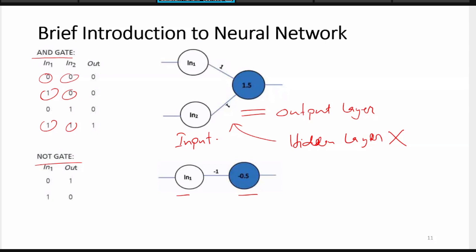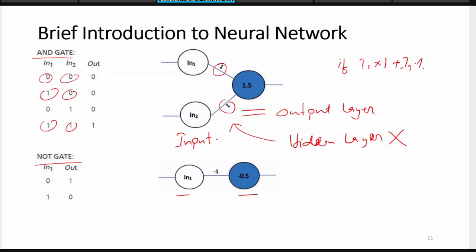Then what are the values that I have assigned to each of these connections? In the connections, I have assigned 1, 1, and I have assigned 1.5 as a threshold. Okay? So how it works is, this function basically means that the perceptron here is input 1 into 1 plus input 2 into 1.